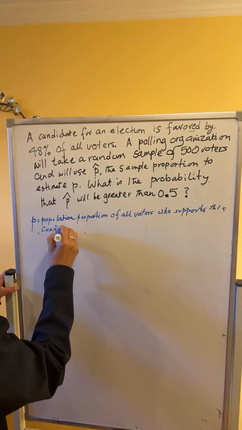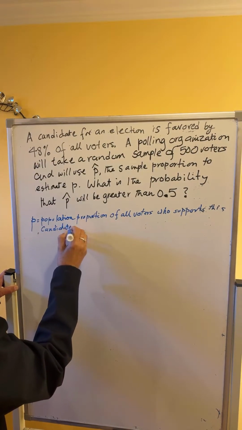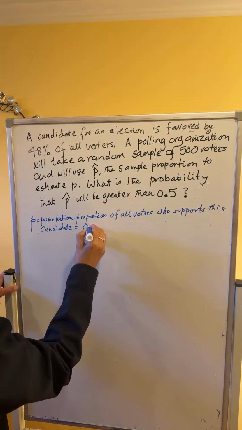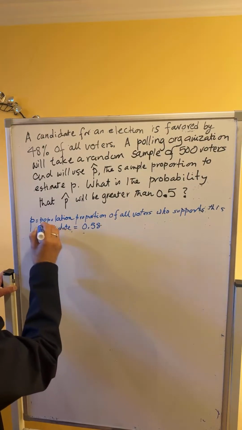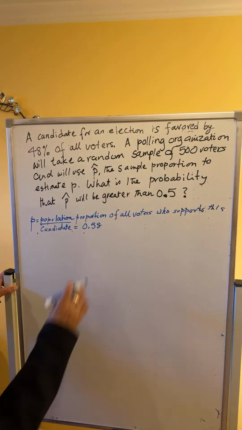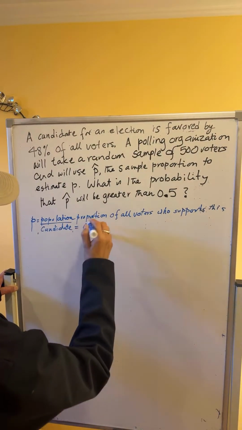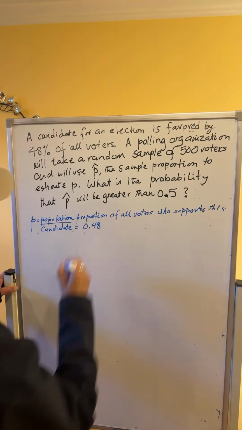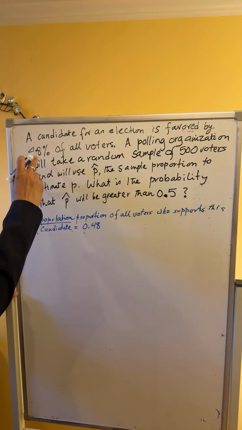As given, P is equal to 0.48, 48%. Notice this is the population proportion.